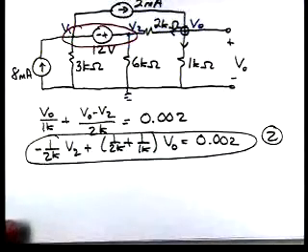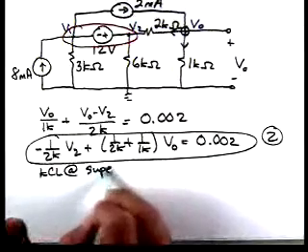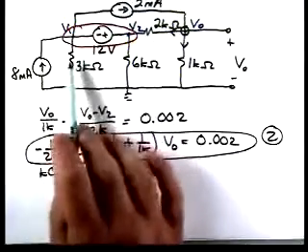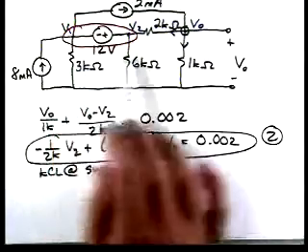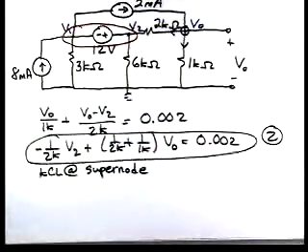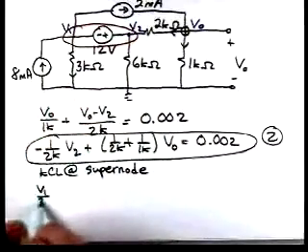Now we need to do KCL at the supernode. What we'll do is sum the currents leaving the supernode through these resistances and set it equal to the sum of currents entering from sources. So here we'll have V1 over 3K.